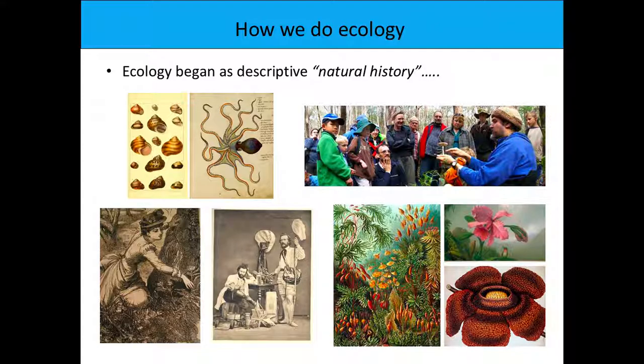A very descriptive form of science. They made observations, didn't necessarily test or try to determine what was behind it, but gave us a rich understanding of the diversity of life.